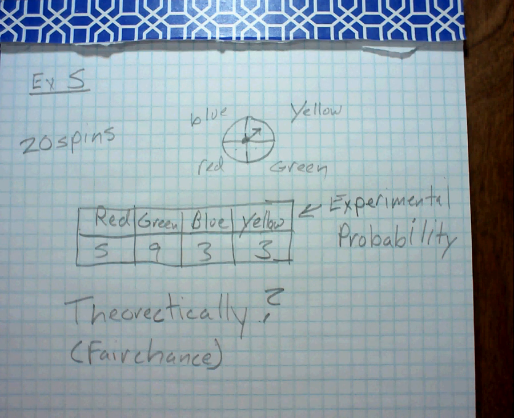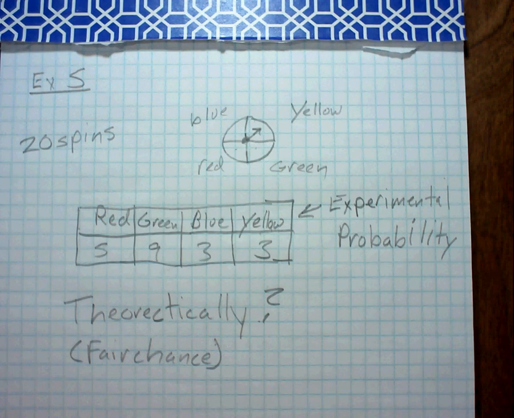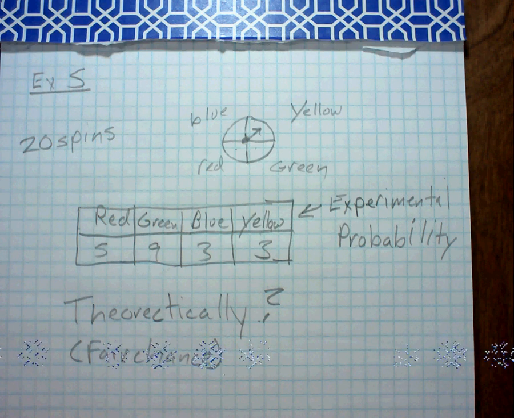If that was a pie, I'd have one big yellow slice of pie, one big blue slice of pie, red, and green. If we did the probability by area, obviously I drew this by hand, but the way it looks in the textbook, it's divided into 4 equal parts. So you have 4 total outcomes, and the probability of choosing any one of these should be 1 in 4. In other words, if I spin this 4 times, I should get yellow once, I should get blue once, theoretically, right?